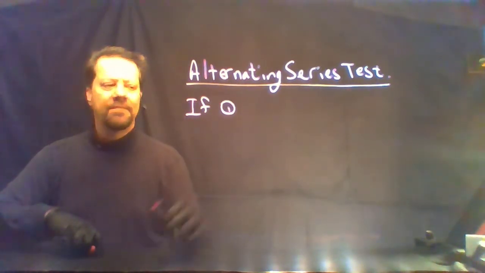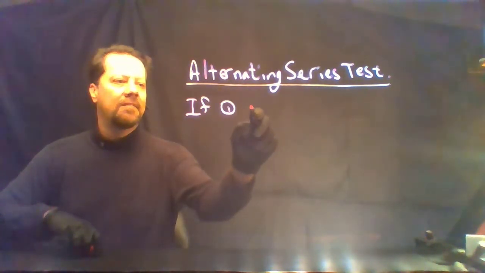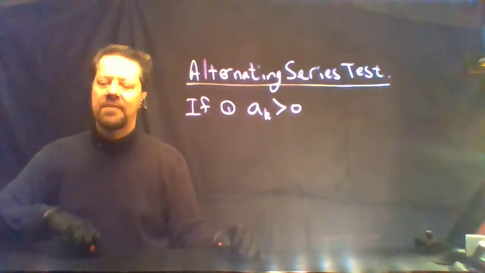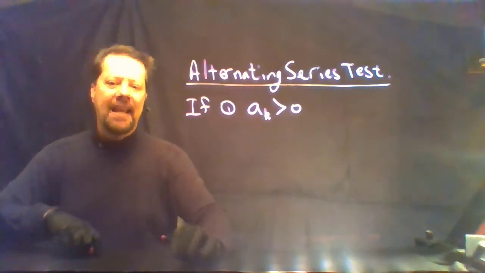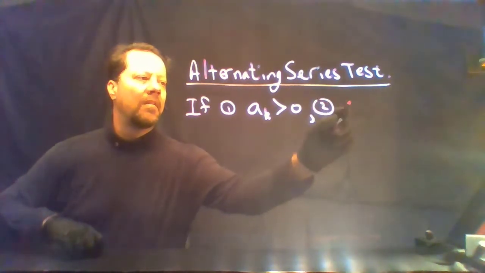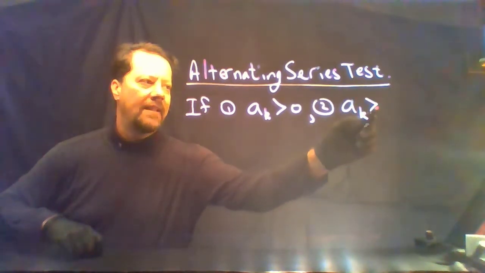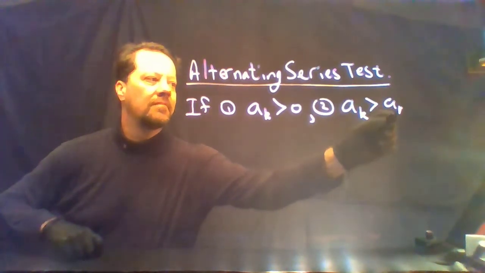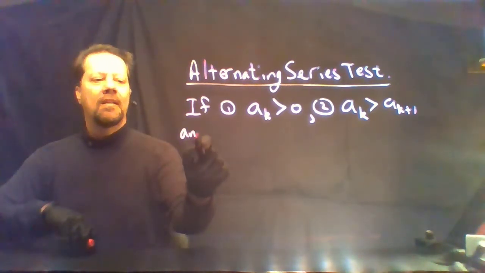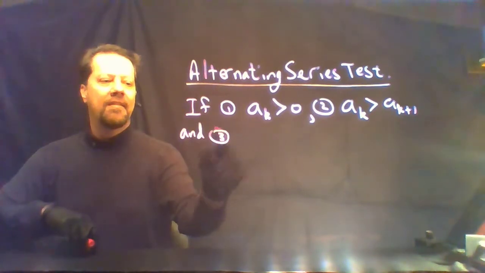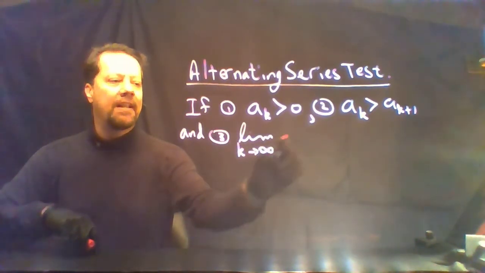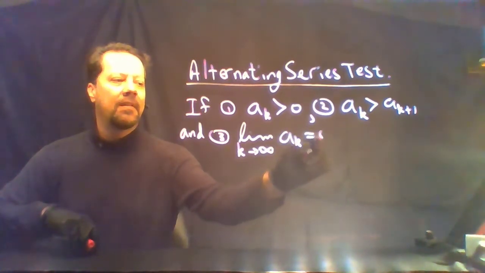Suppose, first of all, that we have a sequence of positive terms a_k that gets smaller, and in such a way that in the limit as k goes to infinity, a_k gets you 0.